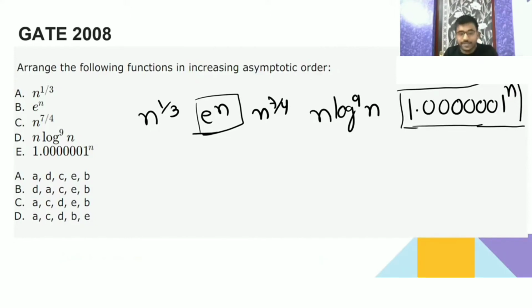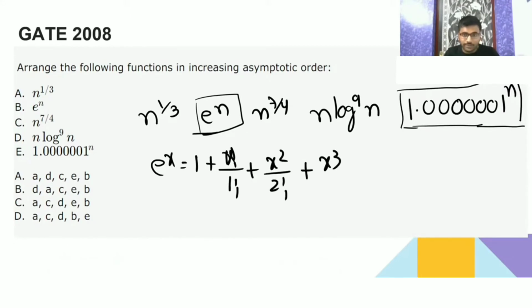What is e? e to the power x is equal to 1 plus x by 1 factorial, plus x square by 2 factorial, then x to the power 3 by 3 factorial, then x to the power 4 by 4 factorial, then x to the power 5 by 5 factorial.